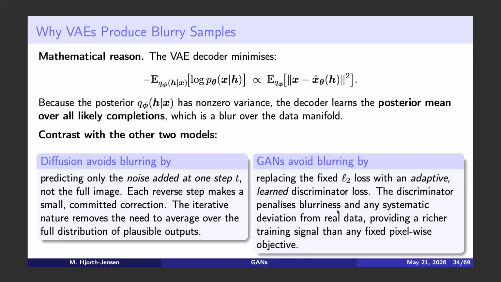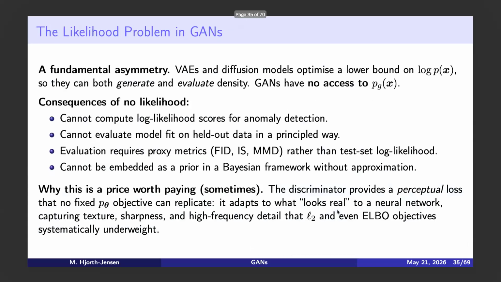So with GANs, as you saw after 100 epochs in that code from the last lecture, we were actually reconstructing the full image.